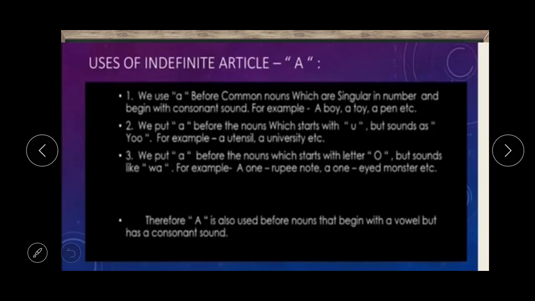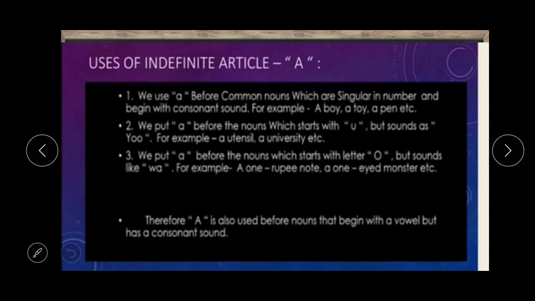Now students, let me show you the uses of the different indefinite articles. The first indefinite article is a, and we use a before the common nouns which are singular in number and begin with a consonant sound. For example, a boy, a toy, a pen, etc. Number 2, we put a before the nouns which start with u but sound as yoo.